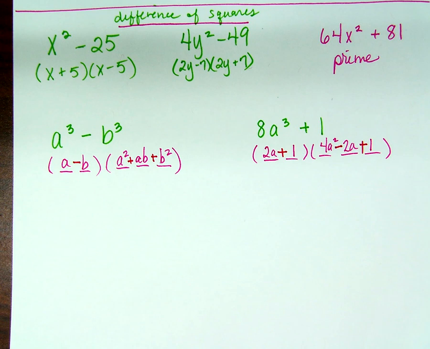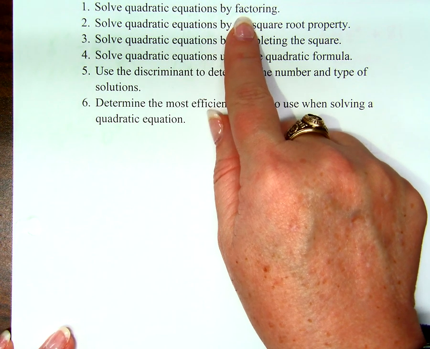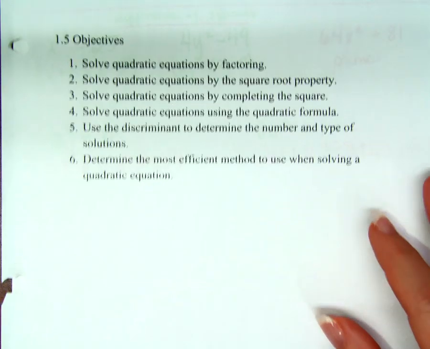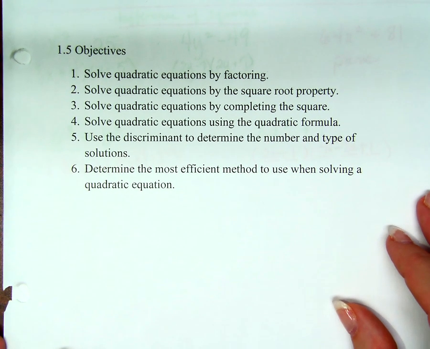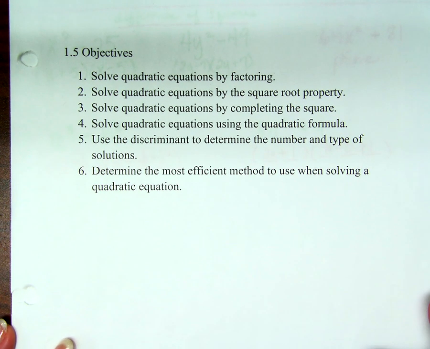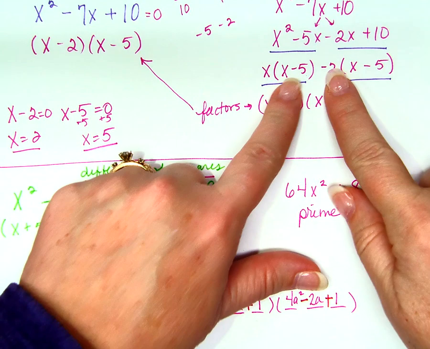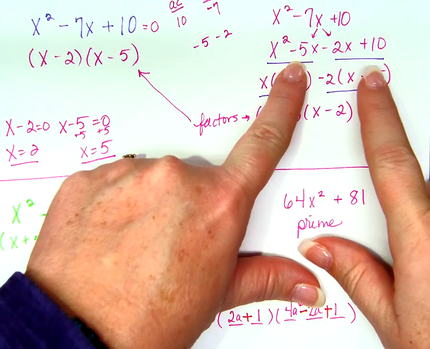Okay, now, are those the only ways we can factor or solve by factoring? So no, right? But those are the most common ways that we solve by factoring. We didn't factor by grouping, but we kind of did, because we did a four term right here where we factor the first two and the last two.